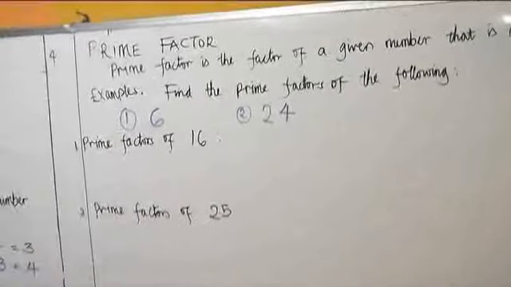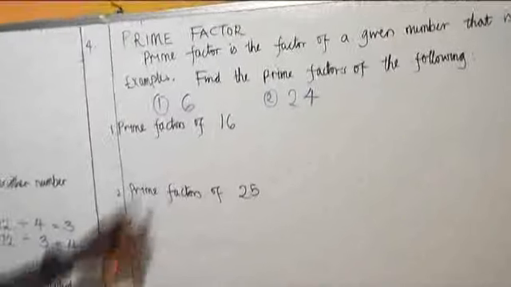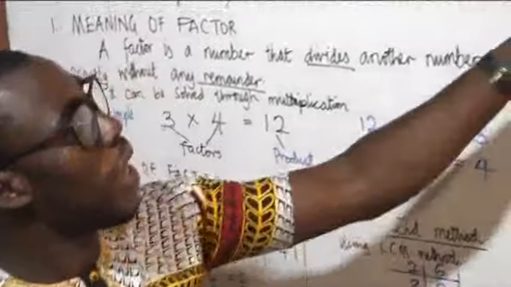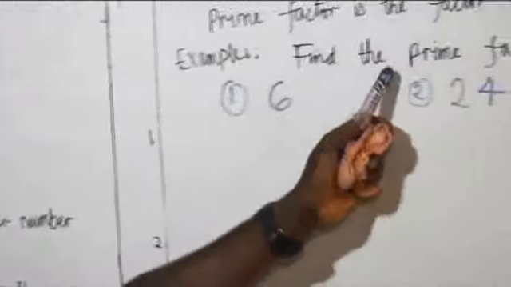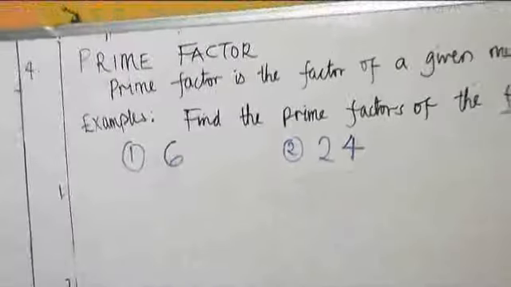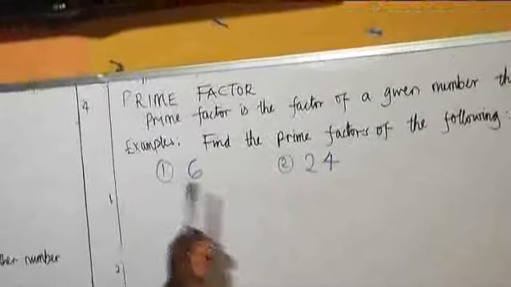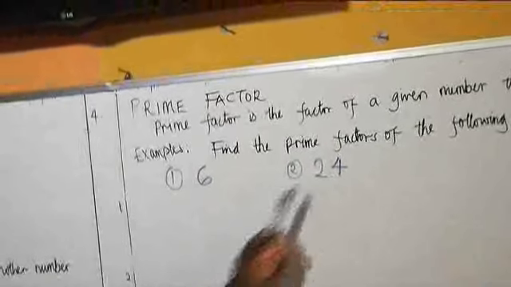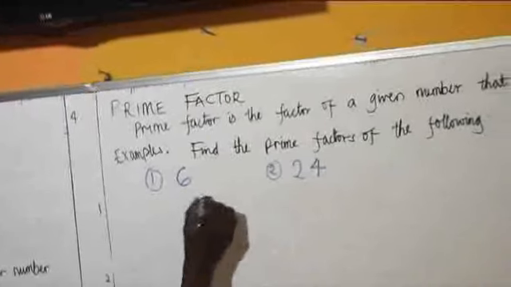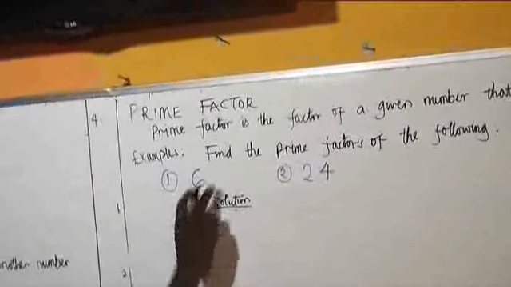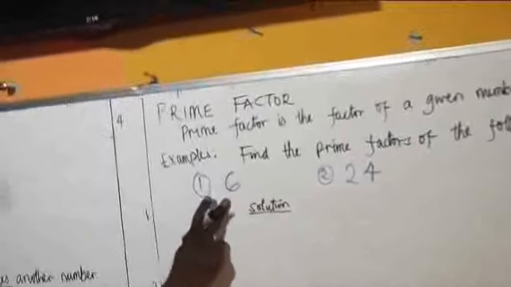Now, from our previous example, we used the factors of 6 and 24. So now for an example, let's find the prime factors of the following. Let's use what we used the other time, which is 6 and 24. Starting from the first one, finding the prime factor of 6.